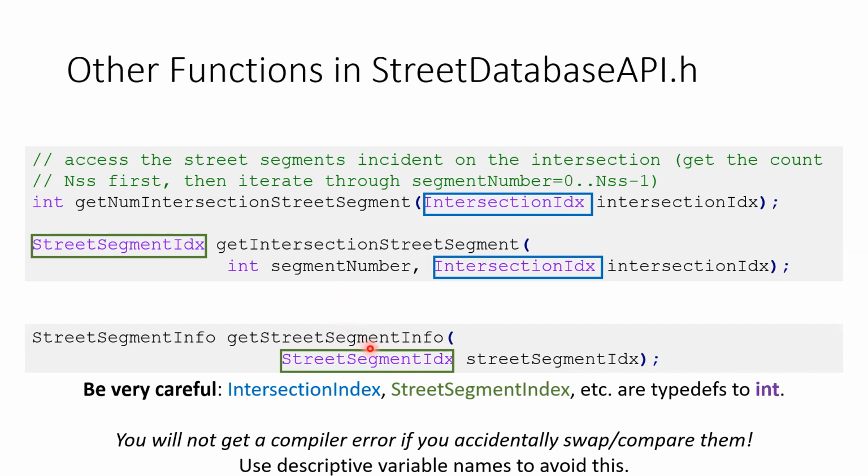To prevent mistakes like this, we recommend making descriptive variable names, or just deciding a naming convention in your group. Something like _I for intersection index and _S for street segment index should be enough. Just decide a universal naming convention in your group to minimize mistakes like this.